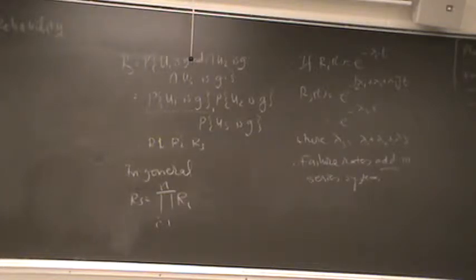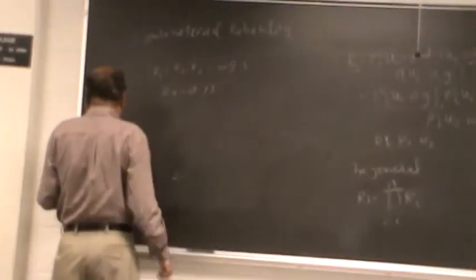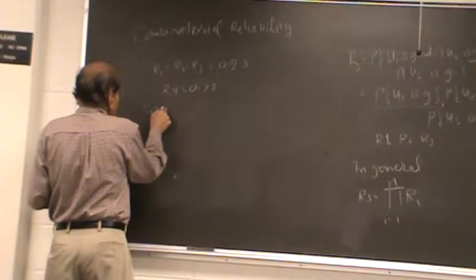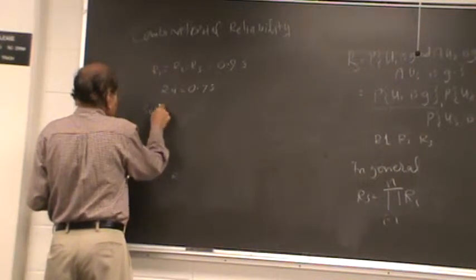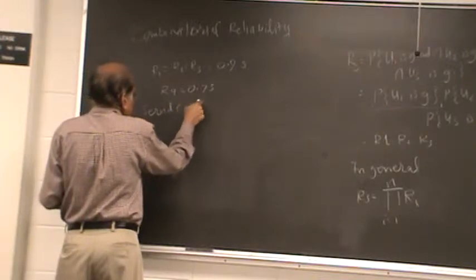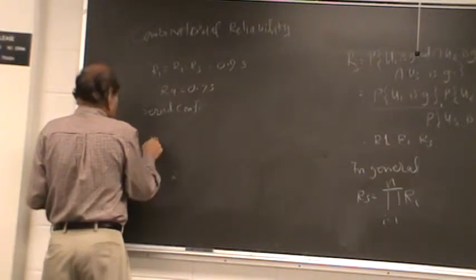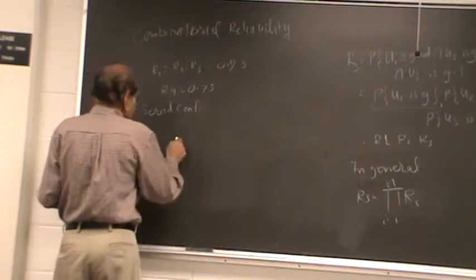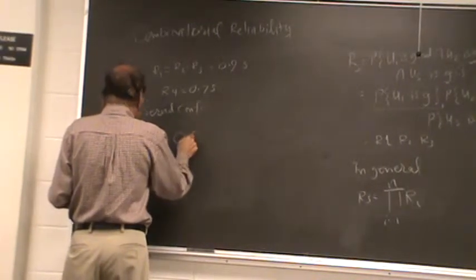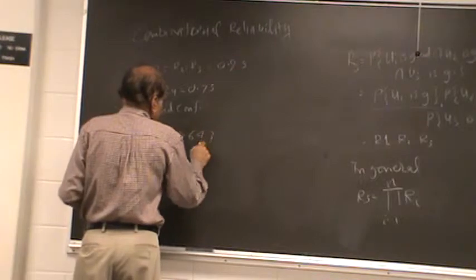Now let us say that R1, R2, R3, they are equal to 0.95, and we have R4 equal to 0.75, and we have a serial configuration, then the overall reliability, and you can calculate, is equal to 0.643.